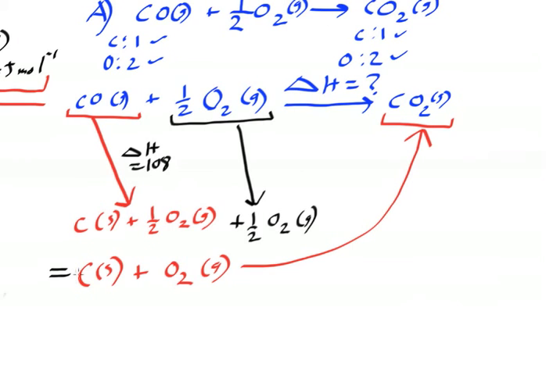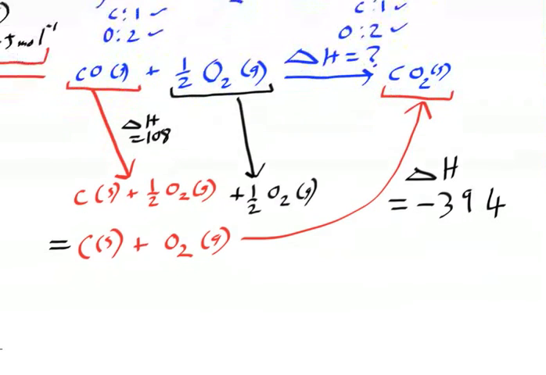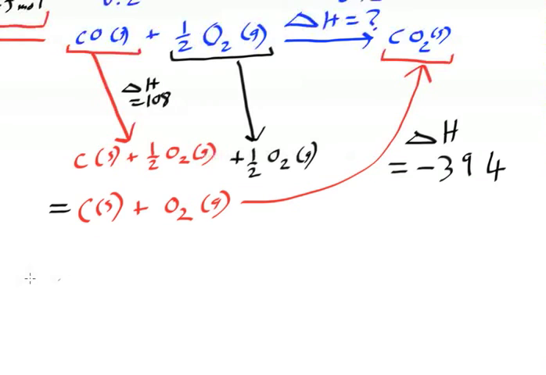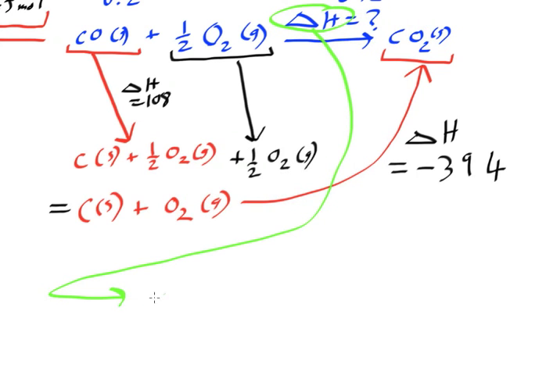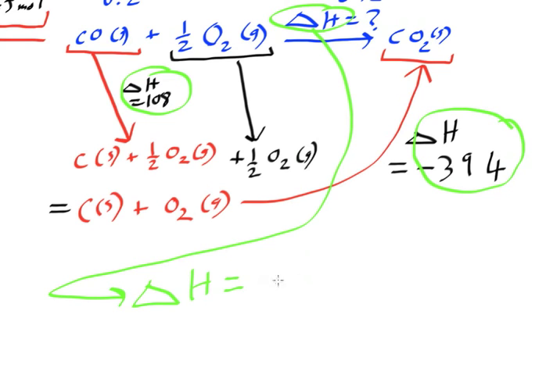So my delta H is equal to minus 394. So now we can just use our Hess's law facts to give us the answer. This delta H is the same as the delta H going round a circle, so it's the same as this 108 plus this minus 394.